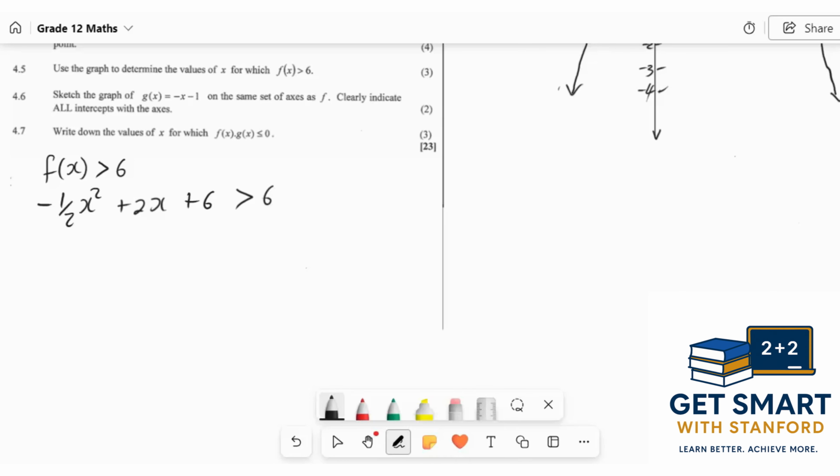From here, if we can multiply each term by -2 and see what we're going to get. Each term by -2, we have done this already, and here we'll be left with x squared plus 4x plus 12 is greater than 6.